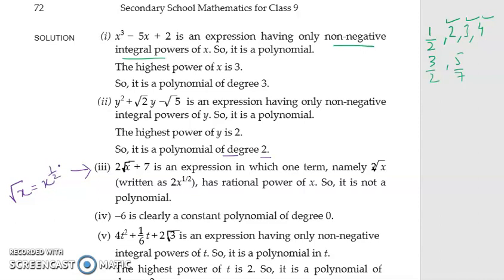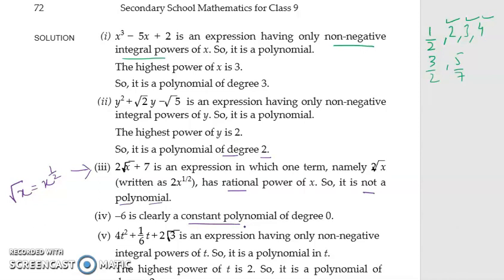This is not an integral value; it is a fractional, rational power, p by q form. So 1 by 2 is not integral, and that is why it is not a polynomial. Clear?